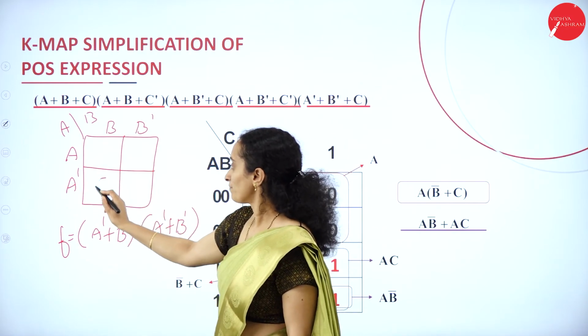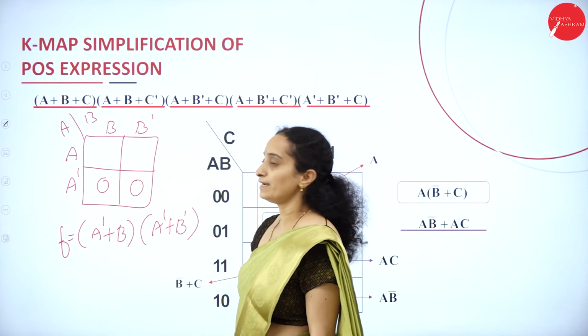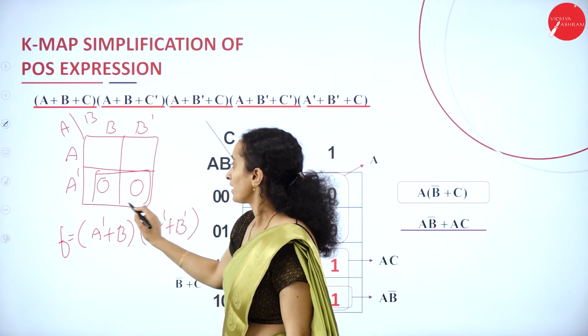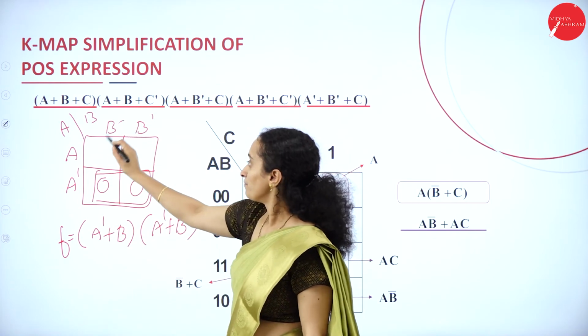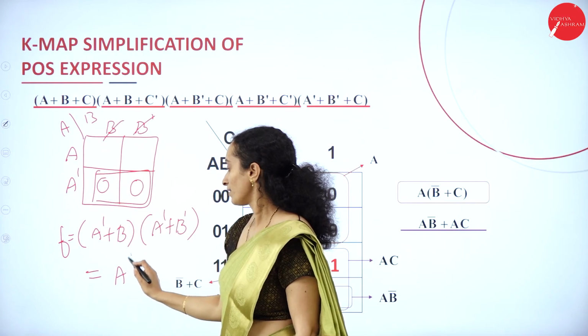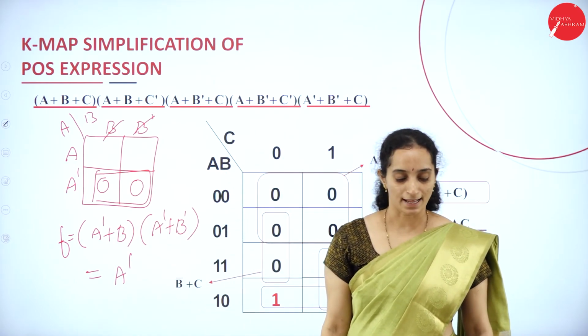So A dash plus B, A dash plus B dash. So there will be zeros. If you group this, B and B dash will be cancelled, leaving the answer A dash.